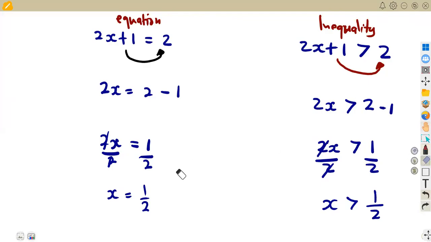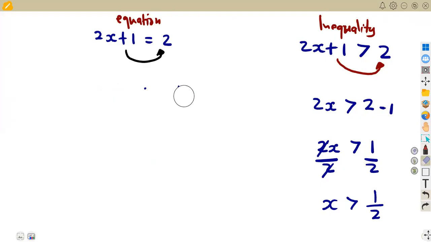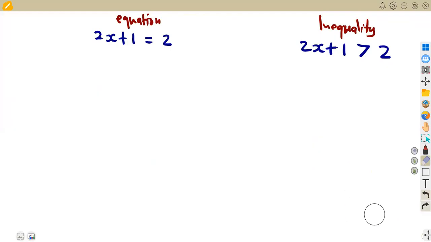But let's say with this condition like this, okay? I wanted us to see the difference between the two again, from an equation to an inequality. If we put a negative here, we put a negative there. On an equation, we're going to solve. We transpose just like the previous case. This one goes this side. We're going to remain with minus 2x is equal to 2 minus 1, which gave us a 1.